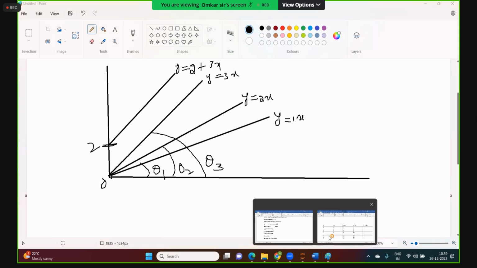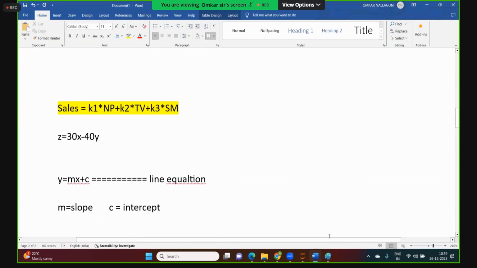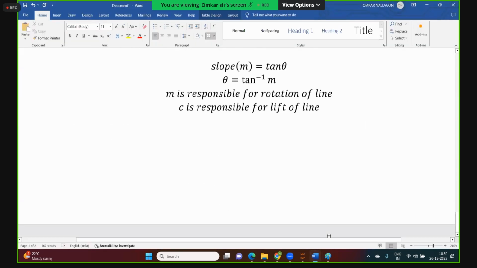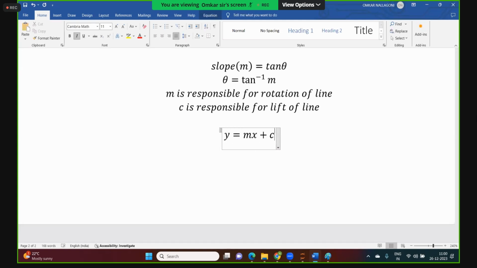The same formula, y is equal to mx plus c.